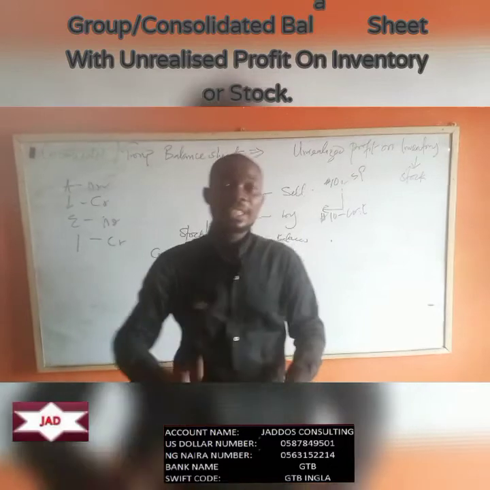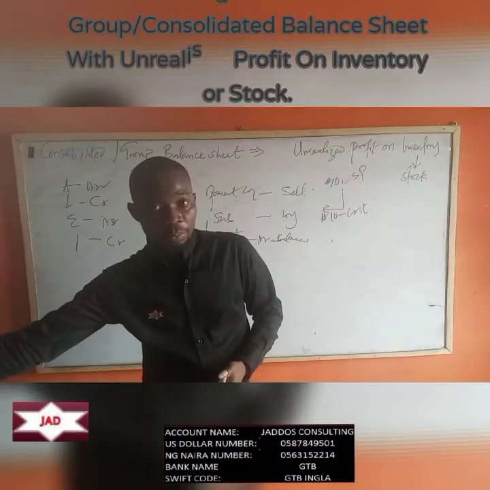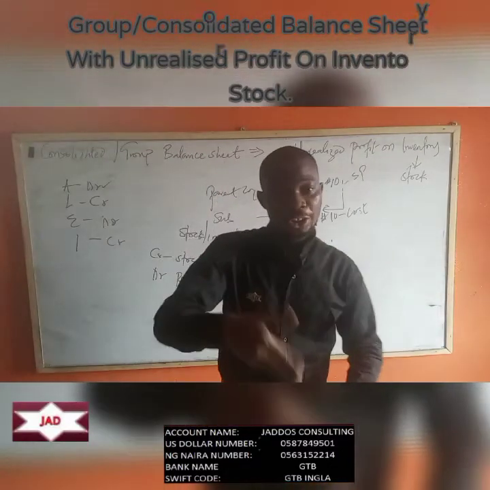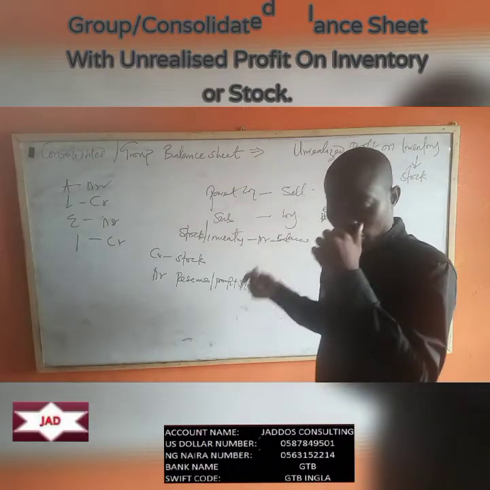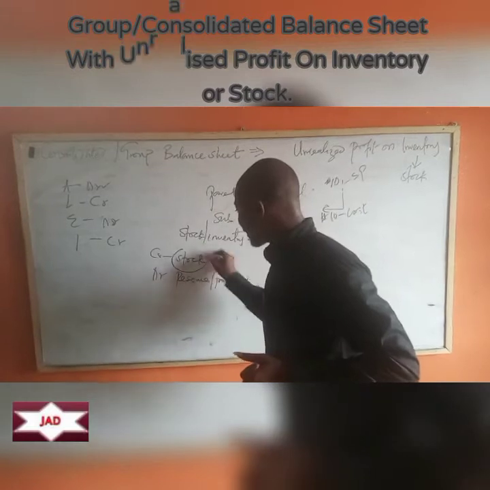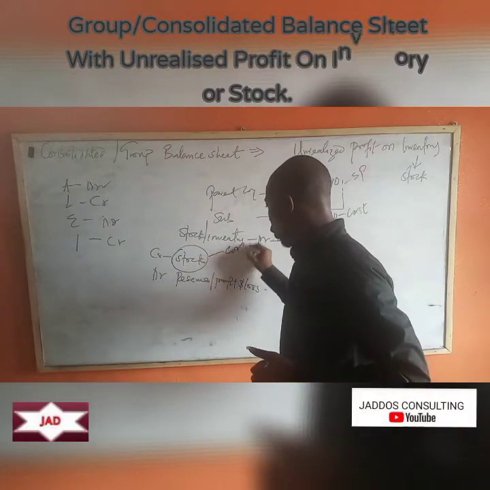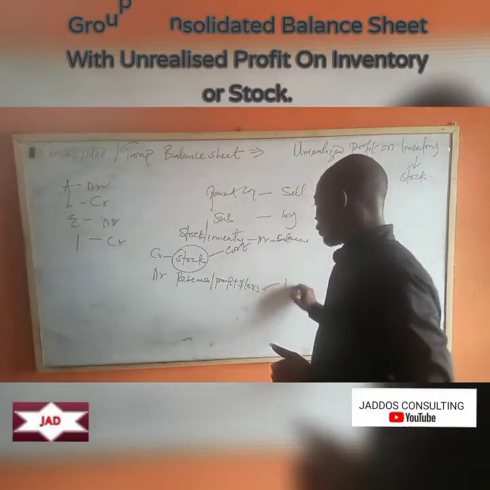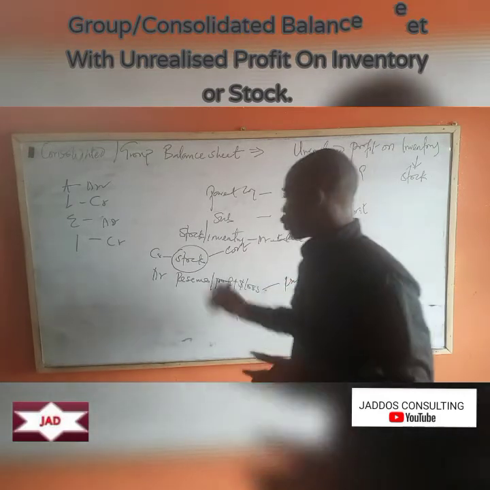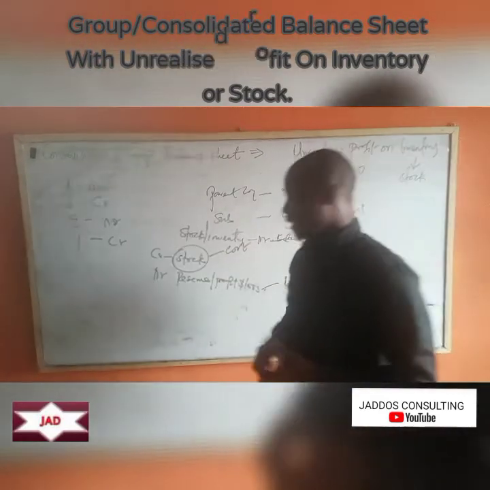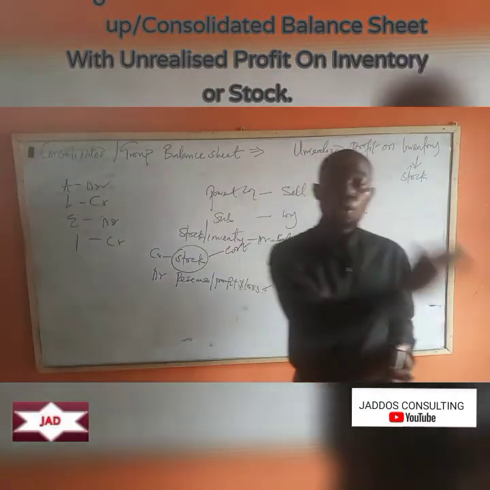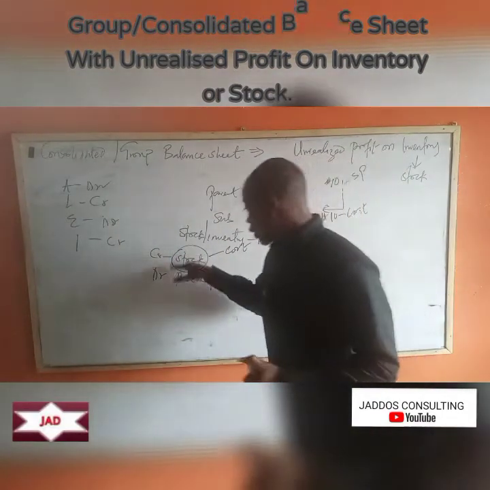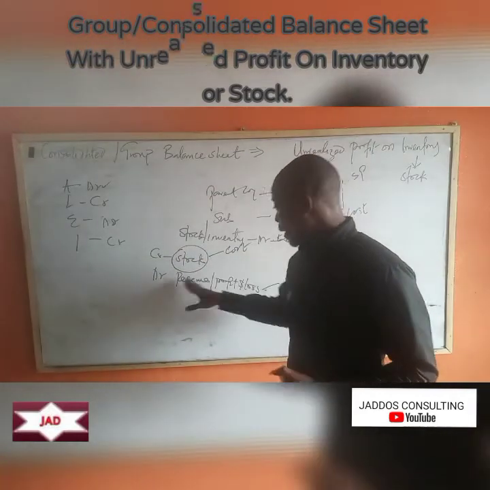But if the sales is from the parent company or the holding company to the subsidiary, then you have to adjust the balance sheet of the subsidiary to reflect the right value of stock, which is cost, and the right value of reserve. If you remove the profit from the stock, there will also have to be a reduction of the reserve. But if it's from the perspective of the holding company, you also adjust the stock item against the reserve.